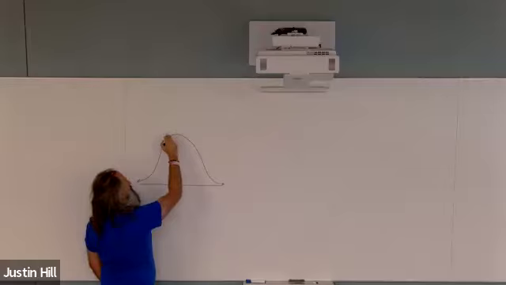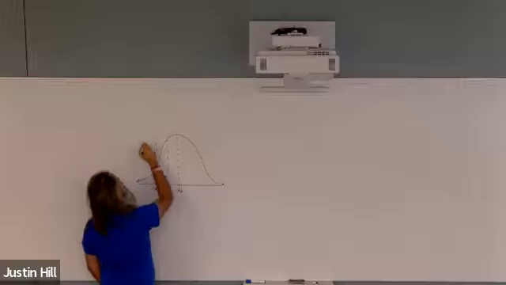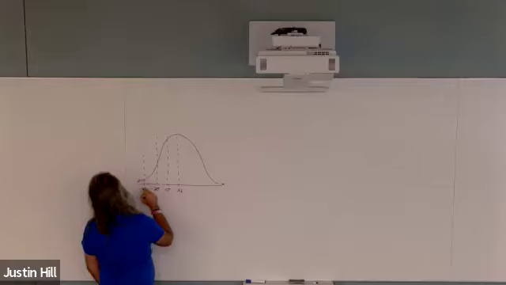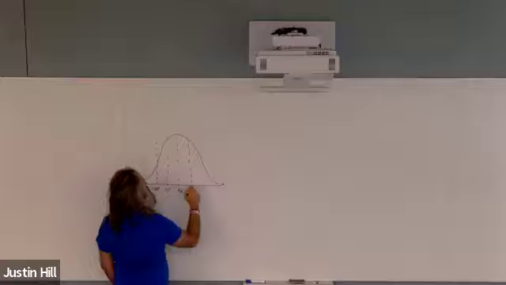What we saw then is you can kind of count off standard deviations. This is one standard deviation to the left, minus one standard deviation. That's minus 3 standard deviations, etc. And we can count off standard deviations to the right as well.